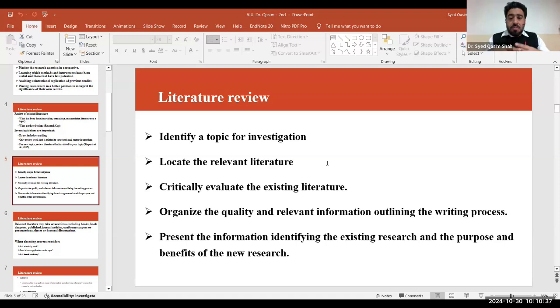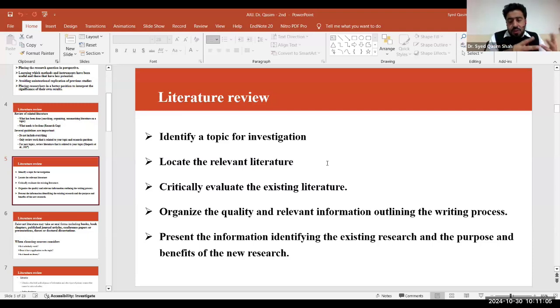Let's say most of the research on social sustainability has been done in developed markets, and very few have discussed it in least developed markets or in emerging markets, right? So we are critically evaluating this existing literature in order to find how our research is creating novelty or contributing something to the literature.